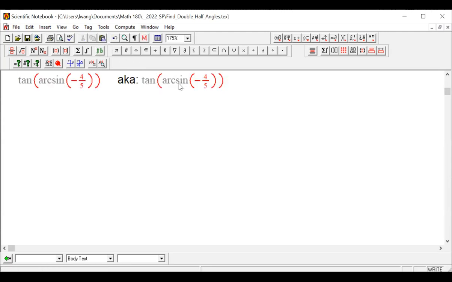You probably will see sine with a -1 power, but this should be read as arc sine. So these two are the same. Arc sine and this notation are the same. Okay, so now, once again, think out loud.